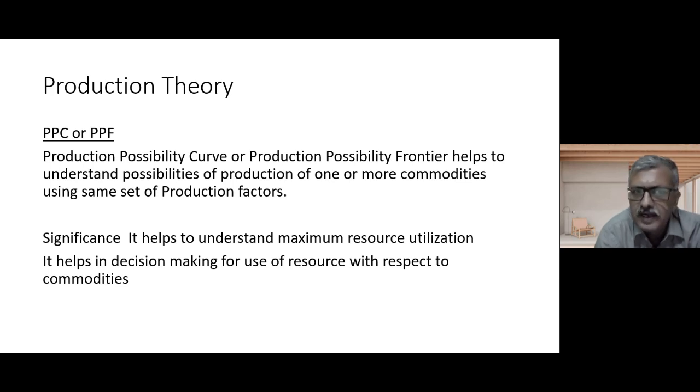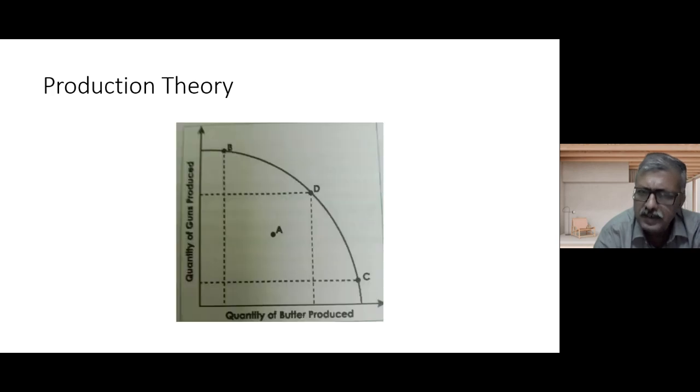If we do not understand this permutation and combinations of different possibilities of production, different goods produced from the same factors, and in what ratio, in what quantity we can get those goods, then we cannot reach maximum resource utilization. So PPC and PPF have significance in understanding resource utilization, and therefore help us take the important call, which we call decision making, for the use of resources at any given point of time during the process of production. Typically, PPC looks like this.